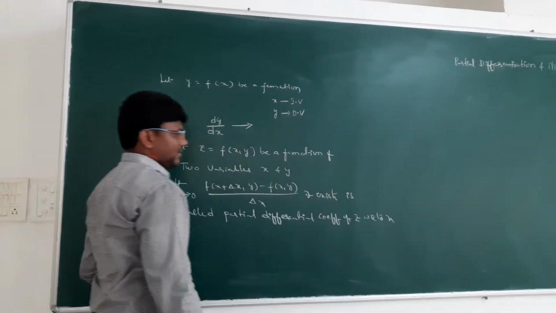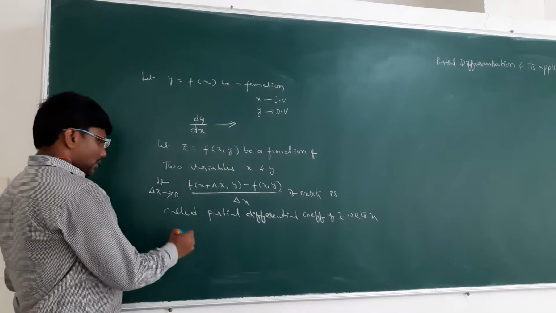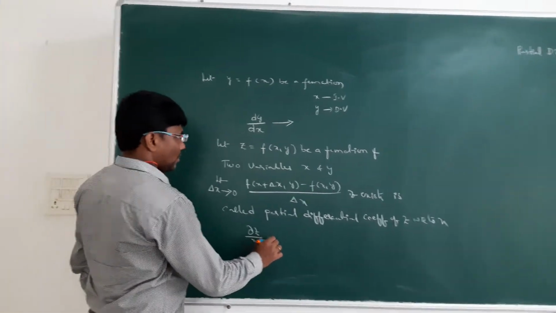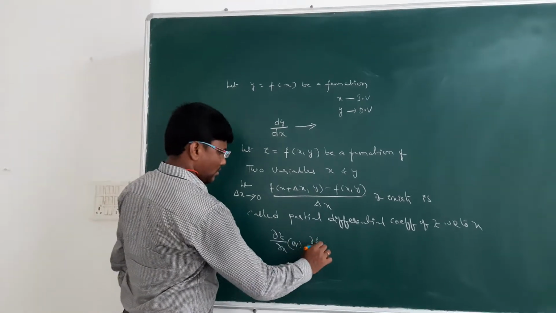This is the partial derivative. It is denoted by dou z by dou x or dou f by dou x.